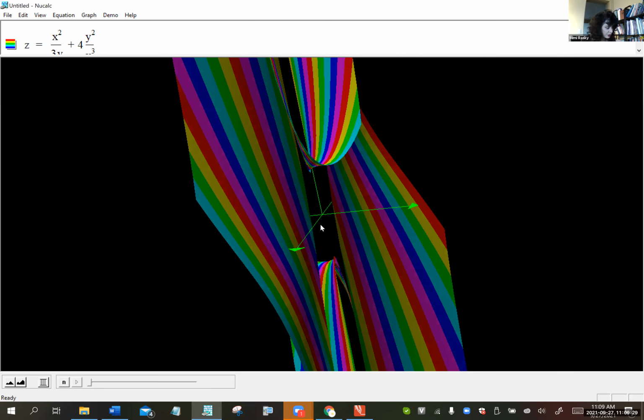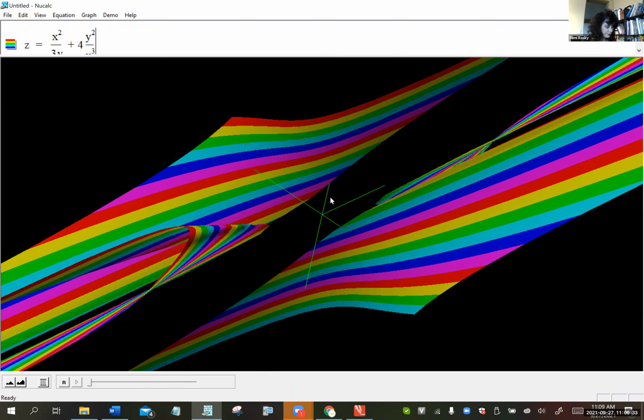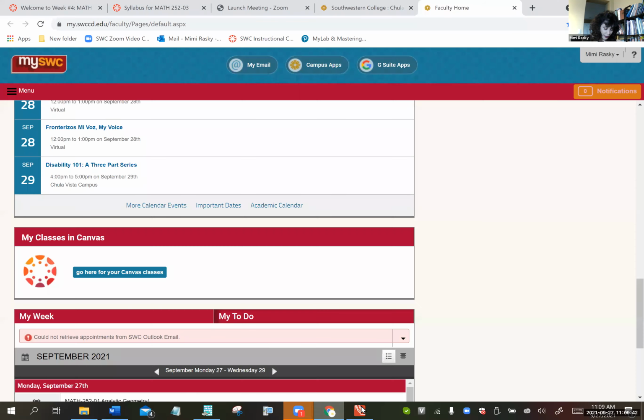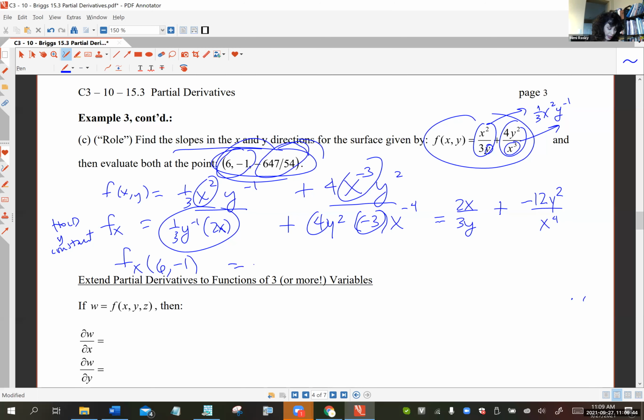So somewhere on this surface is the point, who knows where, (6, -1, -64 7/54). That point, and then we're facing in the x-axis direction right now and trying to figure out the slope. And that's found by substituting in the coordinates, the x and y coordinates, that is, to this point.